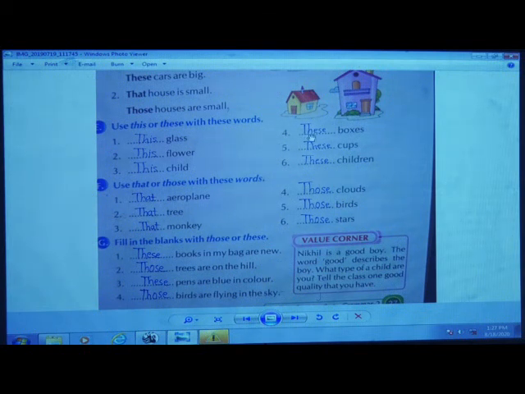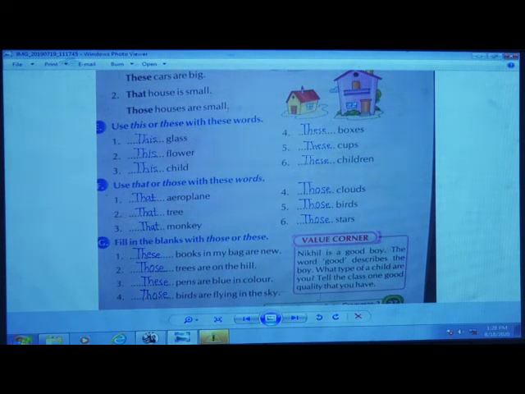Then these boxes, boxes. These cups, cups. These children, children.